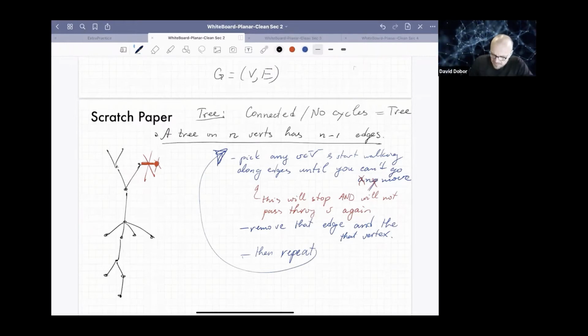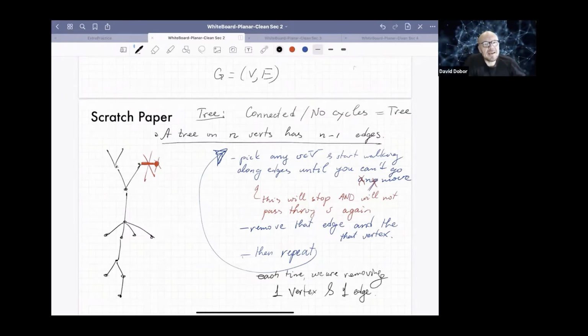So each time we are removing one vertex and one edge. When will I have to stop?